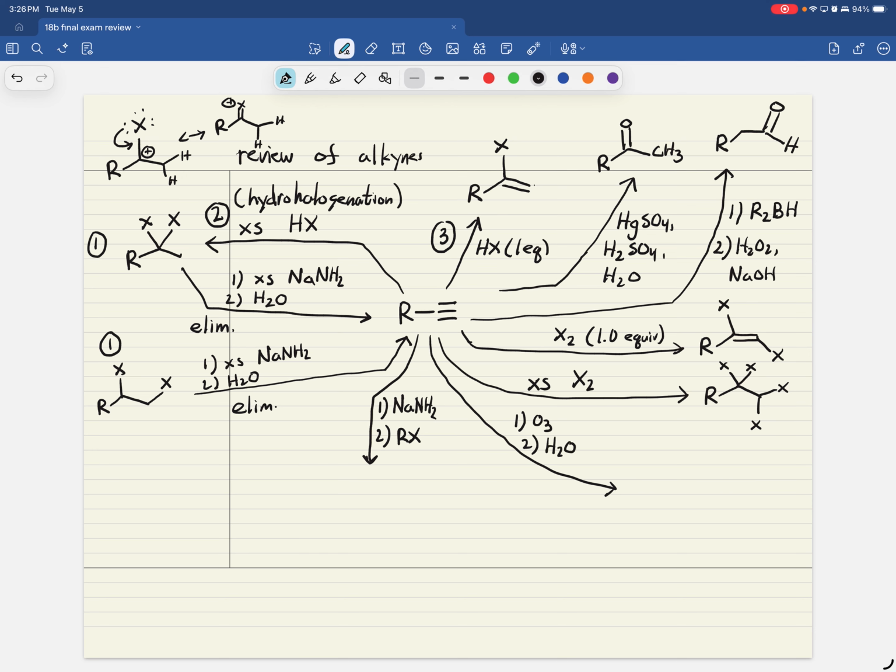So ozone, I think we saw this on the homework, but with ozone, you can cleave an alkyne, but you won't stop at a carbonyl. So usually if you do a terminal alkyne, you will get a carboxylic acid, and you get off a molecule of CO2. Okay, so you get this carboxylic acid with the R group. You don't stop at the aldehyde, so it's not that useful for alkynes, but you're able to actually functionalize it that way.